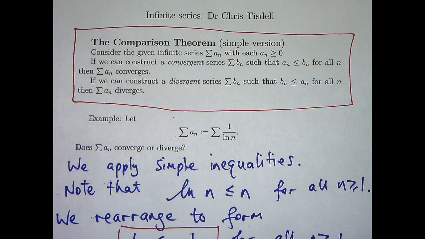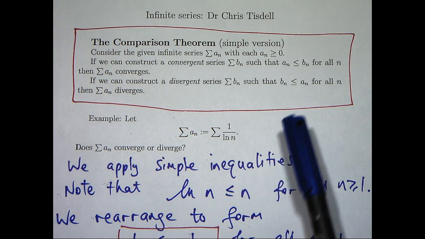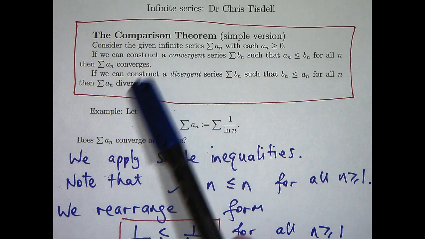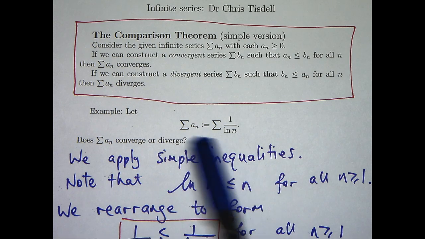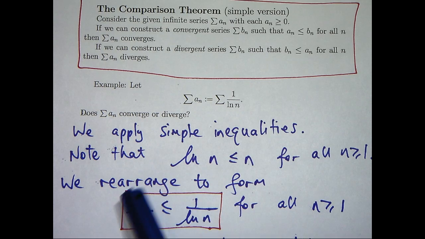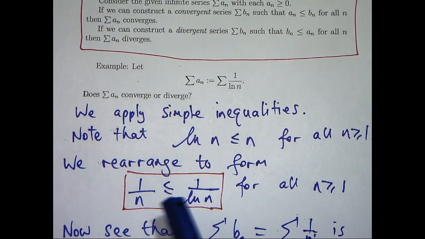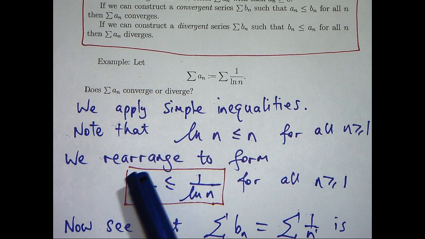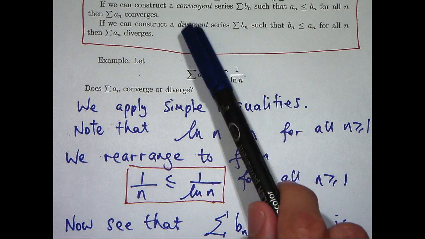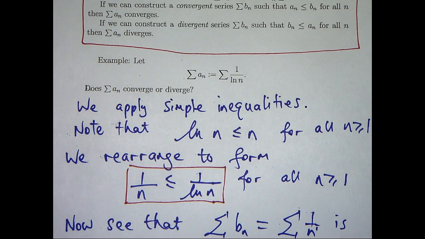So just reviewing the comparison theorem, there are two parts. You can generally decide on which one you're aiming for via simple inequalities, and they should set you down the right road. And then you need to show that the constructed series converges or diverges depending on which conclusion you're aiming for.